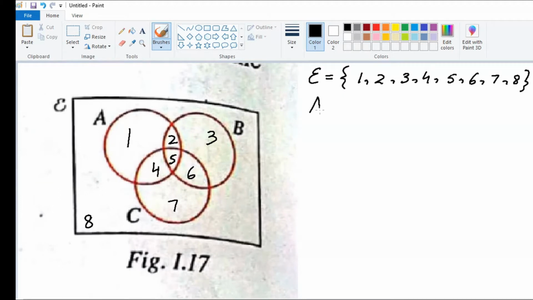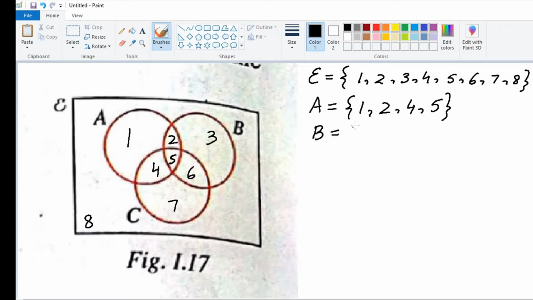If I look at set A, the numbers which are in A are 1, 2, 4, and 5. Why are we doing it? What is the benefit of doing it? You will come to know soon, so stay tuned.